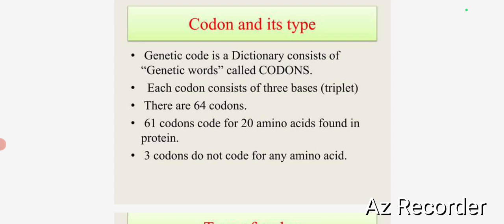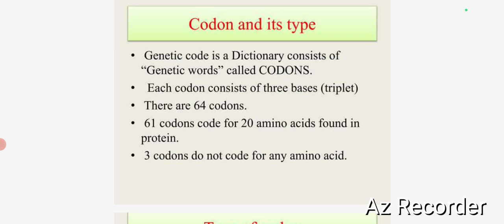Next, codon and its types. Genetic code is a dictionary consisting of genetic words called codons. Each codon consists of 3 bases; triplets are called codons. There are 64 codons in total.